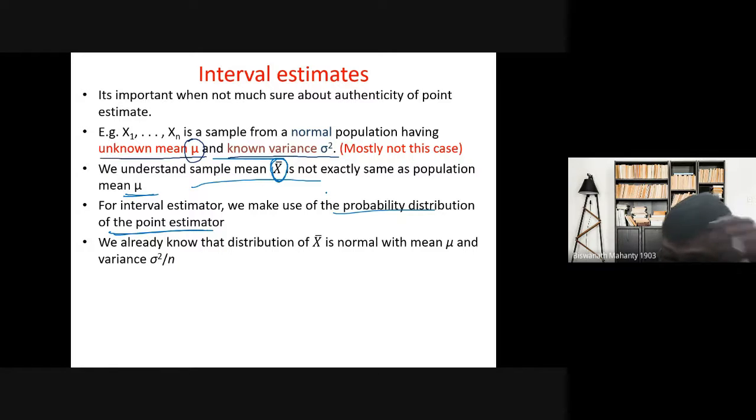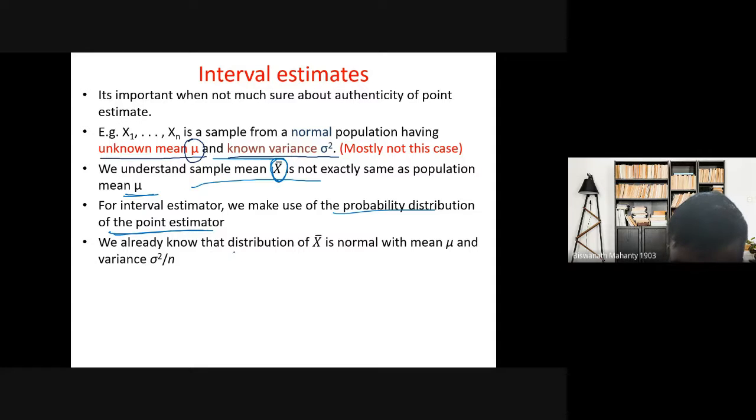If I collect data from a normal distribution and add those items, the sum will also be a distribution, not a constant number. Its mean will be mu, and its variance will be sigma square by n if I take the average. That concept I'm going to utilize.